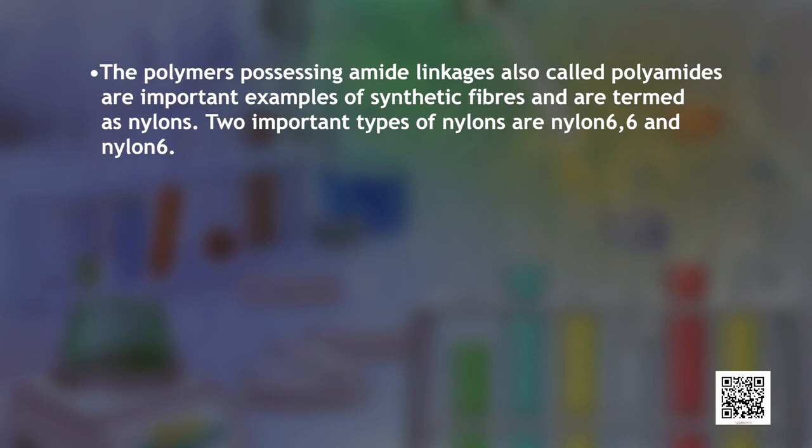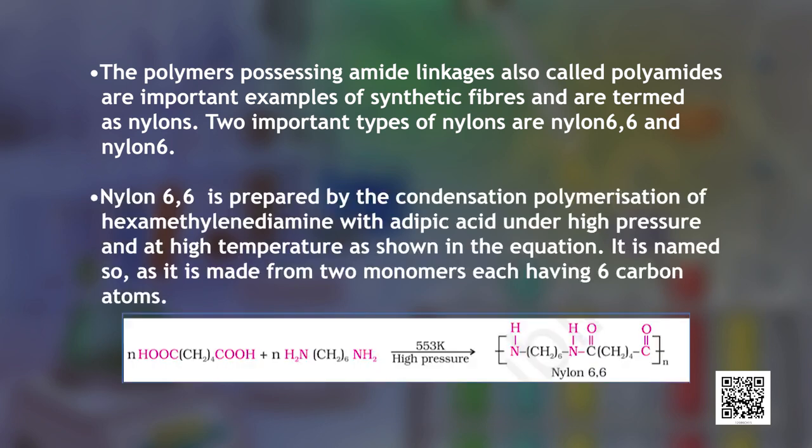Two important types of nylons are nylon 6,6 and nylon 6. Nylon 6,6 is prepared by the condensation polymerization of hexamethylene diamine with adipic acid under high pressure and high temperature, and this is shown in the equation.